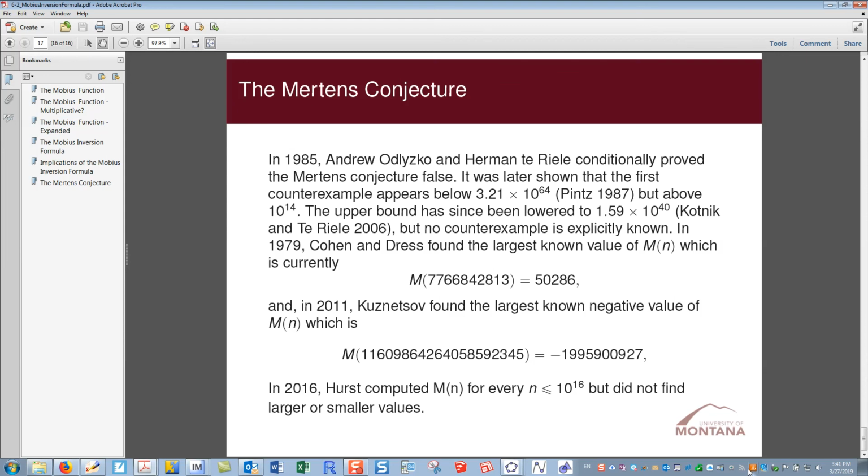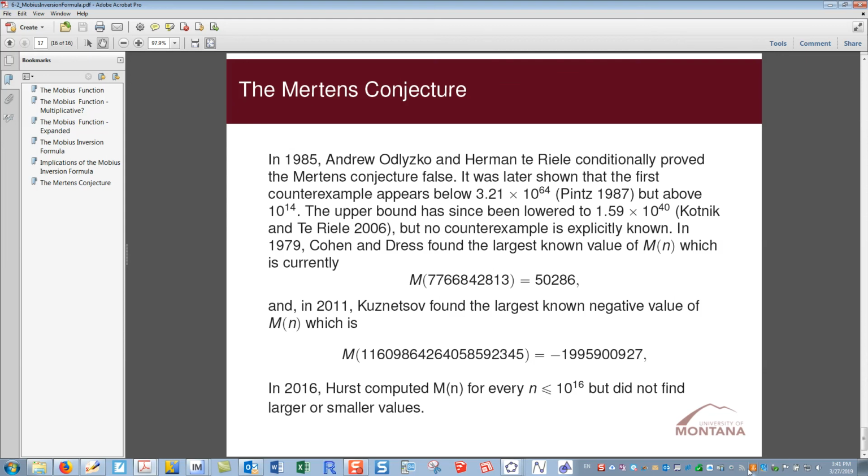In 2011, Kotnik found the largest known negative value of Merton's, which is this number. And in 2016, Hurst computed M of n for every n up to 10 to the 16th, but did not find larger or smaller values.